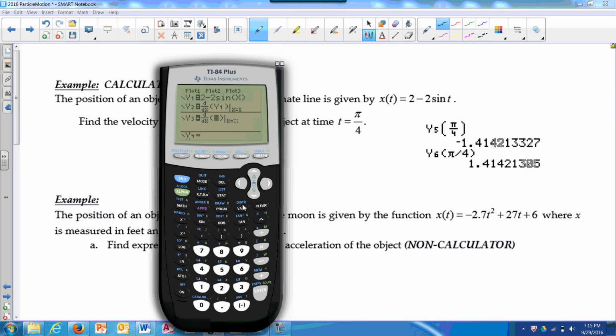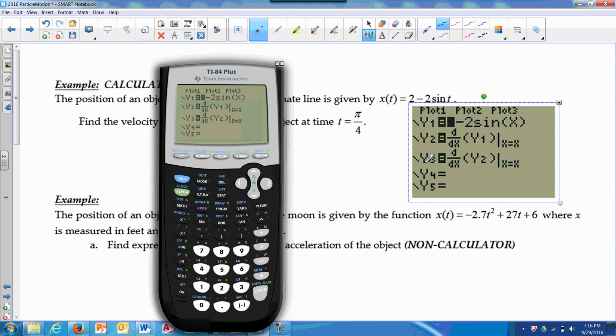Now, something to note here is that just because you have a positive acceleration does not mean that you're speeding up. At time 1, we had a negative velocity. At time 1, we have a positive acceleration.